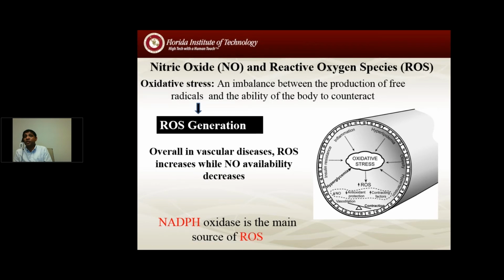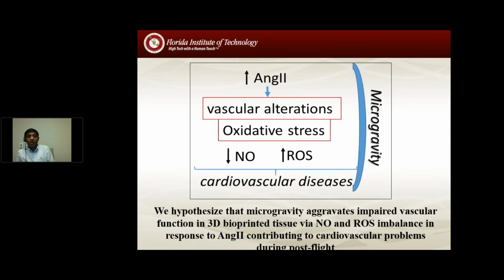Nitric oxide and ROS, the reactive oxygen species, go hand in hand. When you have an imbalance, our body produces a lot of these free radicals, which you don't want. So we want to reduce the ROS generation and increase the nitric oxide level. That will be the true improvement in your cardiovascular functionality when we are exposed to microgravity. You want to improve those two effects.